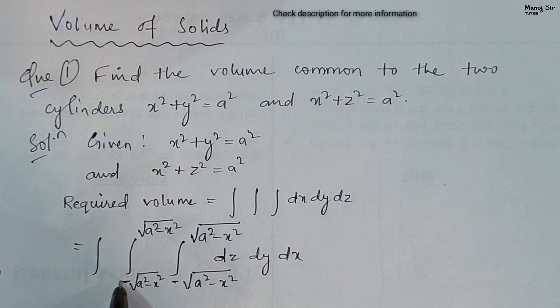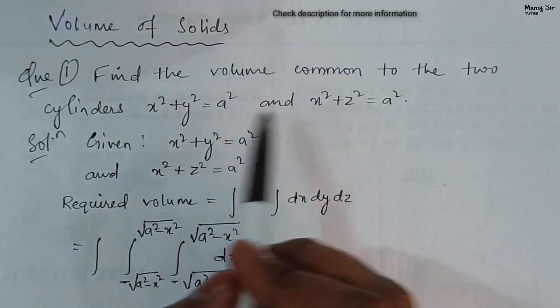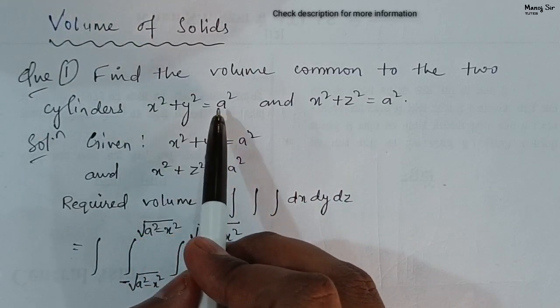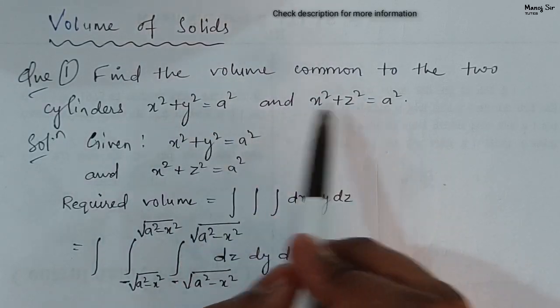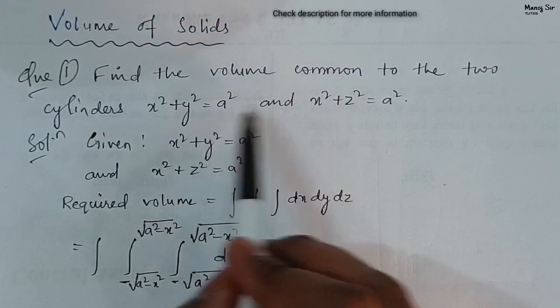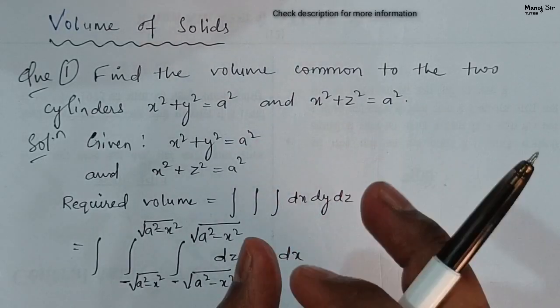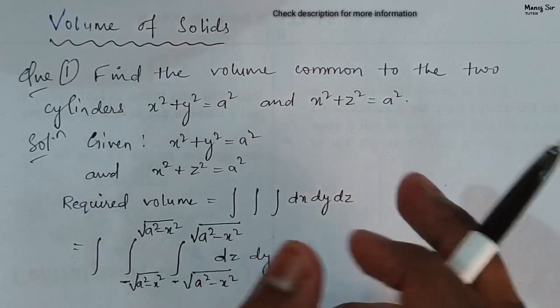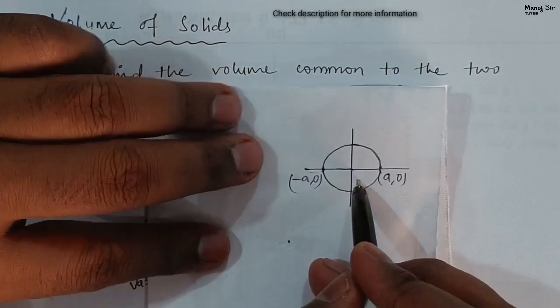But for the limit of x, here you can see in both the equations, that is x square plus y square equals a square and x square plus z square equals a square, the radius of the circle is a and the center of the circle is at origin. So we can say it is something like this.